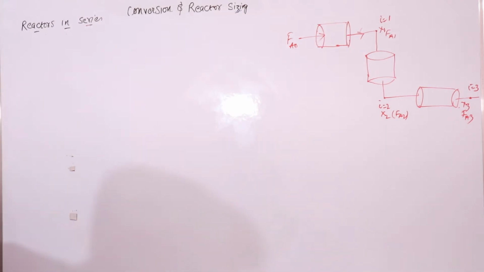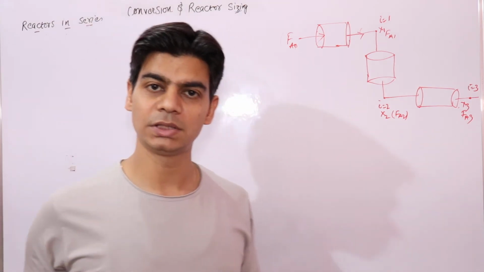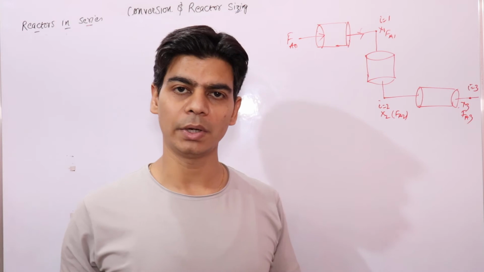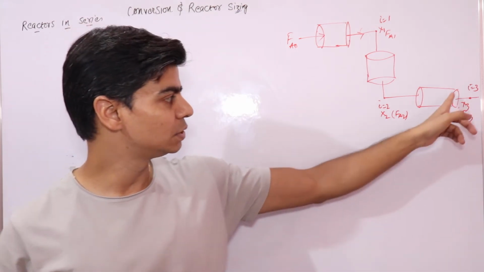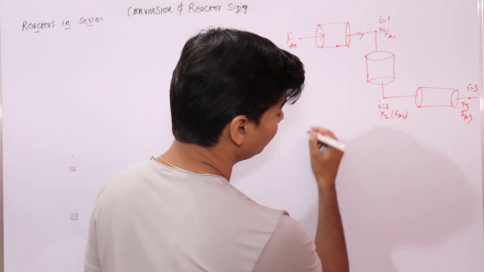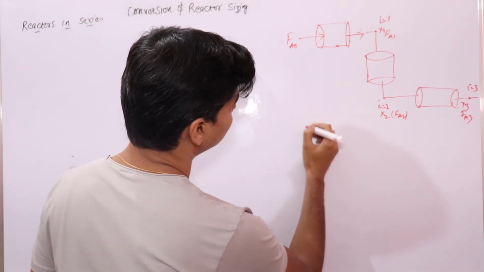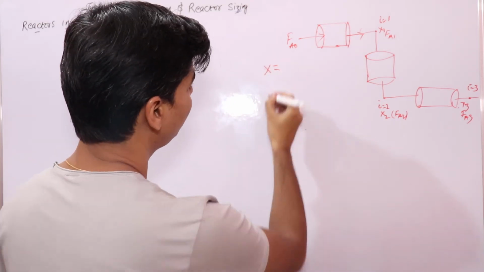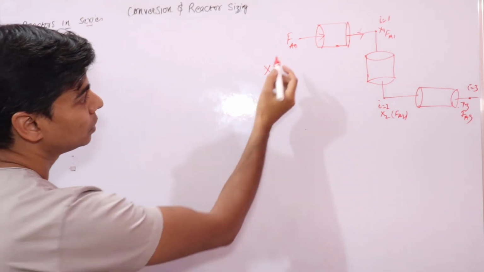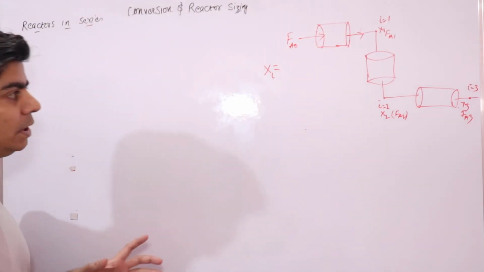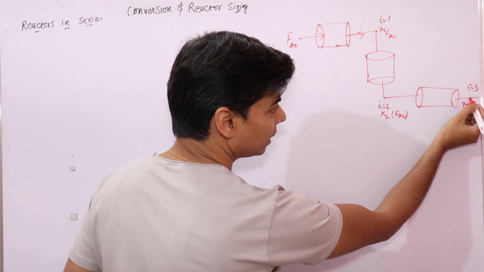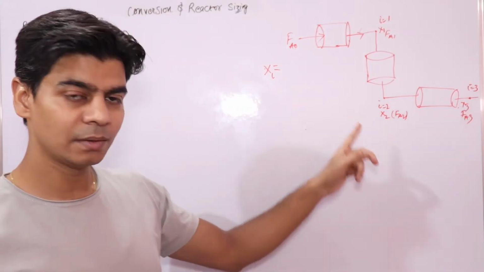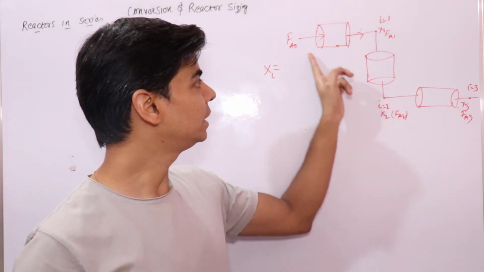We will be looking at the conversion due to these three reactors at any point i; in this case i equals 3. The conversion X at any point i is equal to the moles of A that have reacted up to point i, divided by the initial moles fed to the first reactor.